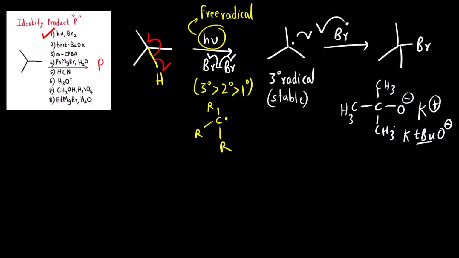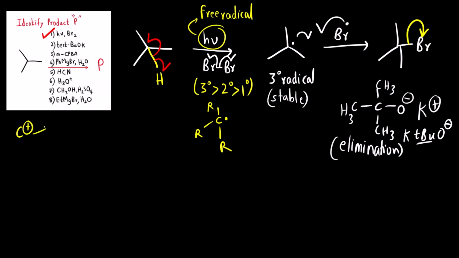Now, in presence of base we know elimination reaction takes place. The question is, which elimination reaction takes place, E1 or E2? What is the first step? First step in any substitution or elimination reaction is you have to draw the carbocation and check whether it is stable or not.